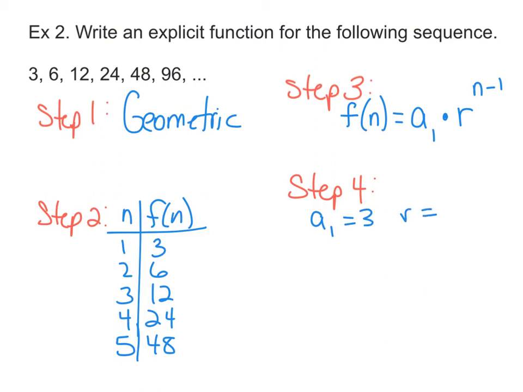R in this case equals 2 because I'm multiplying 2 each time. And then I just need to plug it into that formula. So f of n is equal to 3 times 2 raised to the n minus 1 power. And I can't do anything else with that. I can't combine things because that 2 has that n minus 1 power to it, so I can't multiply it by 3. So that would be done.